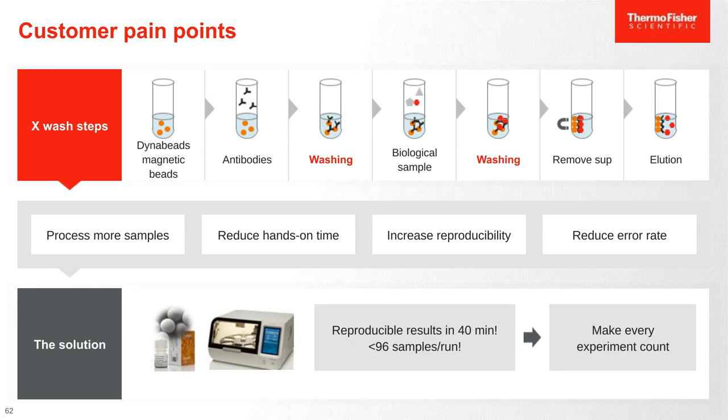So you have antibodies conjugated non-covalently to the beads, before you transfer these functionalized beads to a biological sample to pull out your protein of interest or protein complexes. This is followed by washing steps to remove unwanted complexes. And then finally, you elute off your target of interest or protein complex of interest for downstream analysis.